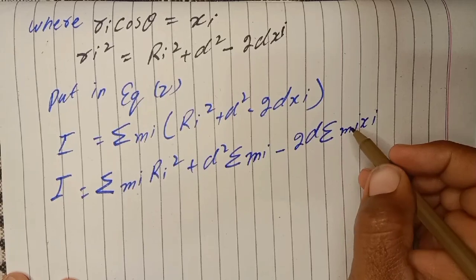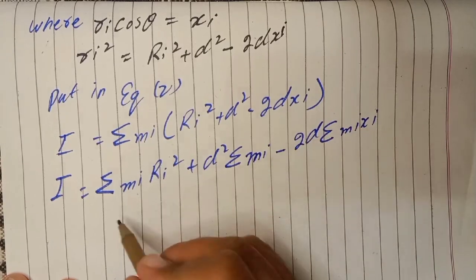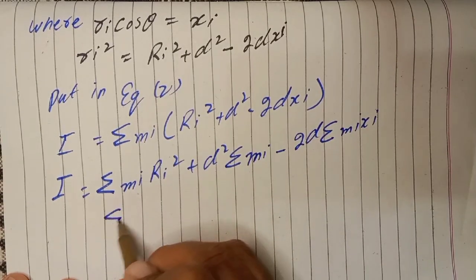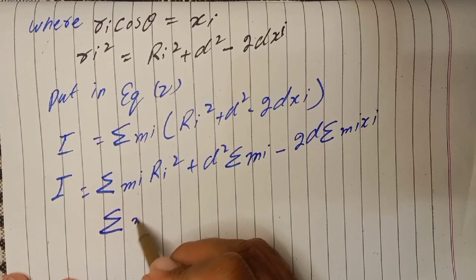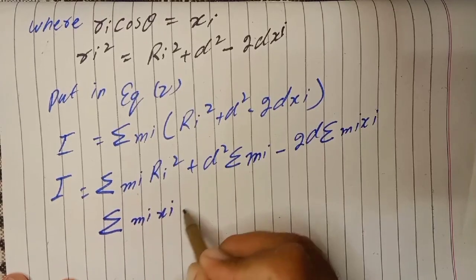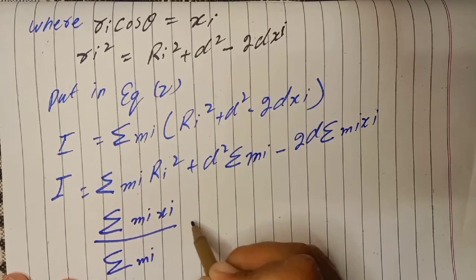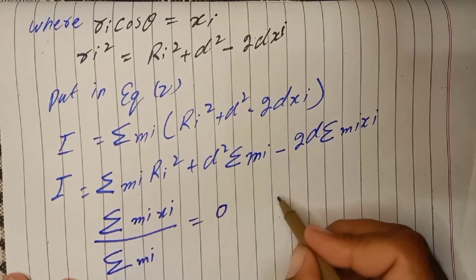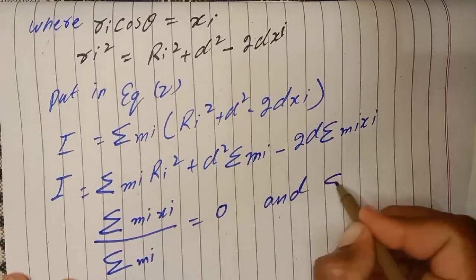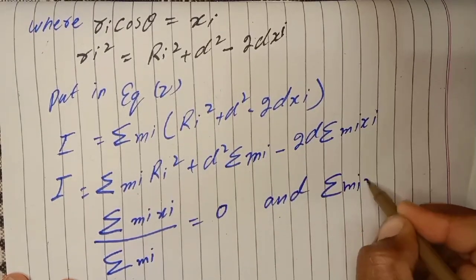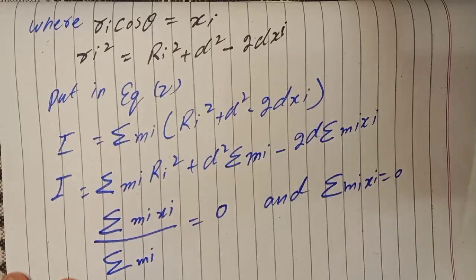At the center of mass, x_cm is sigma m_i x_i over sigma m_i is equal to 0 and sigma m_i x_i is equal to 0.